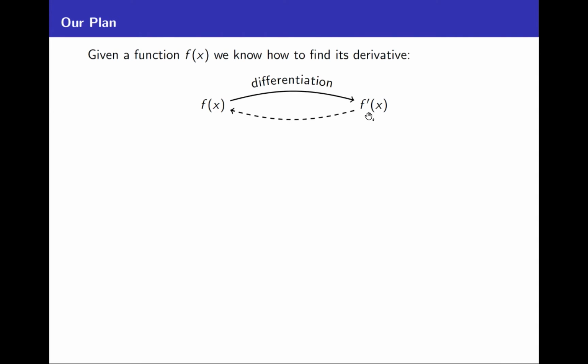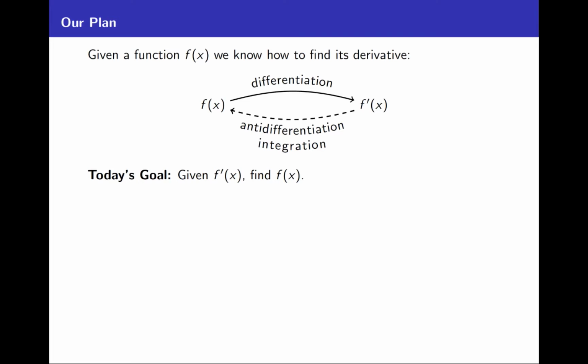From f prime of x, we'll run backwards and reconstruct f of x. And this process of running differentiation in reverse is called anti-differentiation, or more commonly, integration. So today's goal, in a nutshell, given f prime of x, find f of x. Run differentiation in reverse.